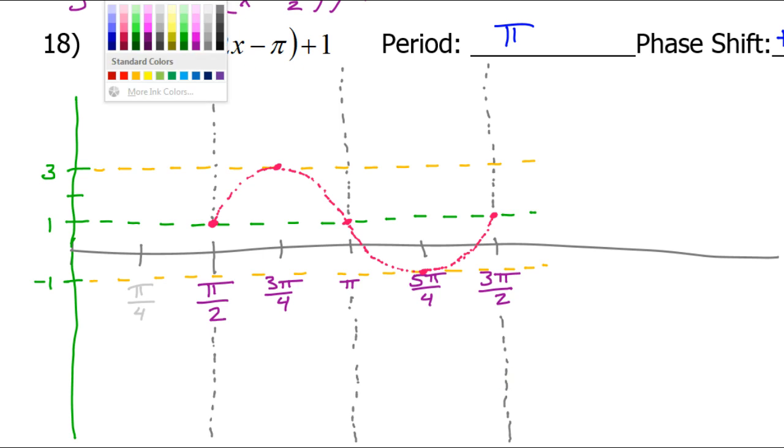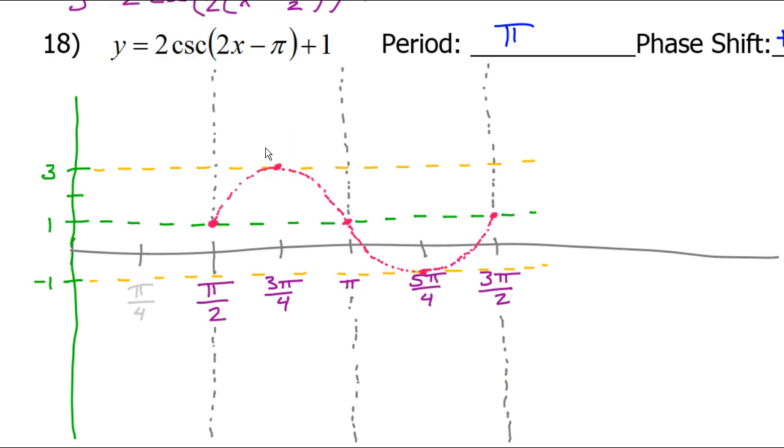Okay, so I know that the highs and lows of my sine function coincide, they intersect with the cosecant function. So this high point is going to be a point on the cosecant function, and this low point will be a point on the cosecant function. From there, I'm going to just move away from the midline and go towards these asymptotes.